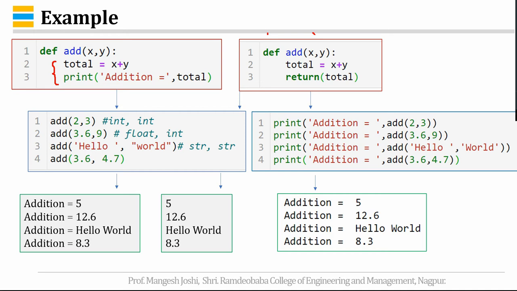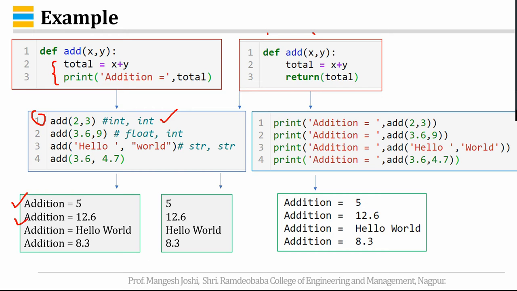Then you are calling this function with four different types of arguments. In the first case, you are passing two integer values, and hence you get addition is equal to 5, that is 2 plus 3 is equal to 5. In the second case, you are passing one float and the other int, so you get an addition of 12.6.